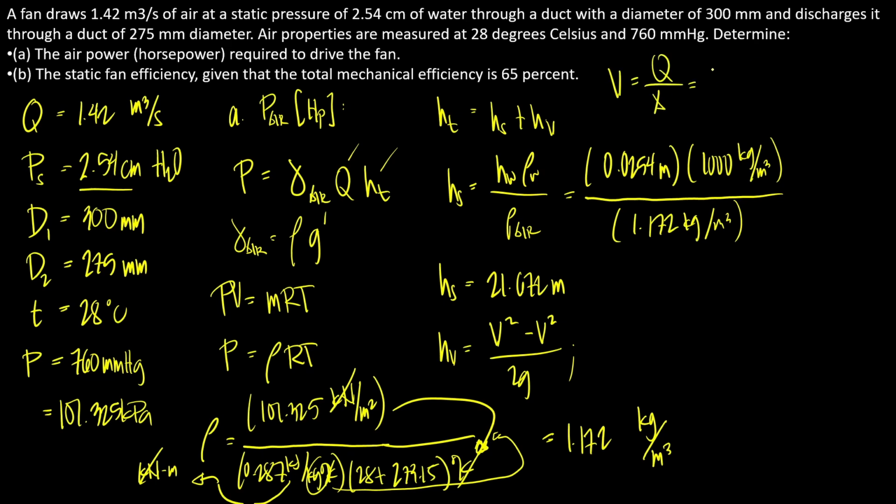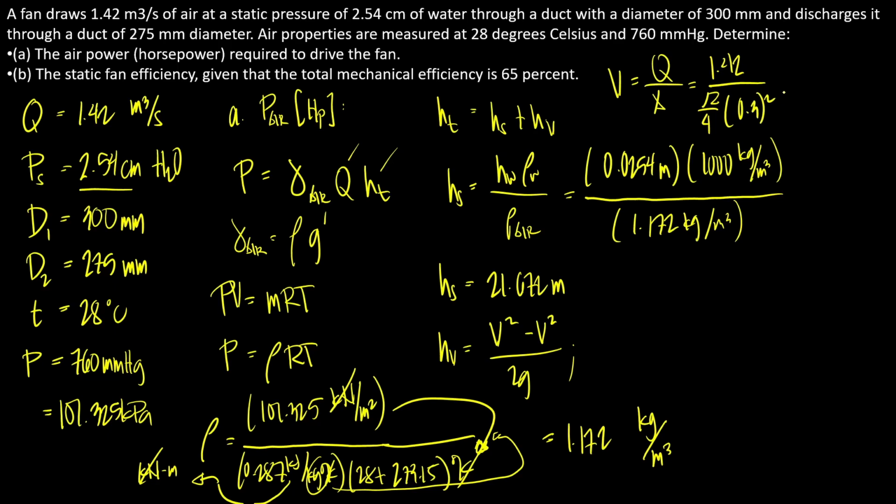The Q is 1.42, and the area is pi over 4 times the diameter squared, since this is a circle, with 0.3 meters and 0.275 meters.